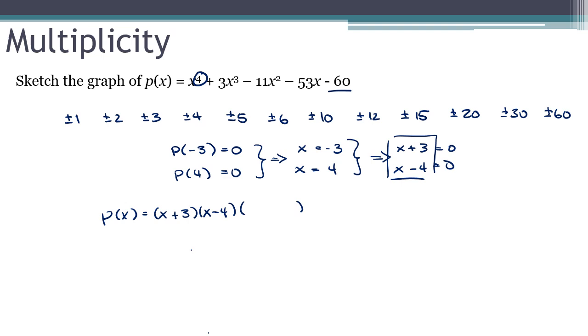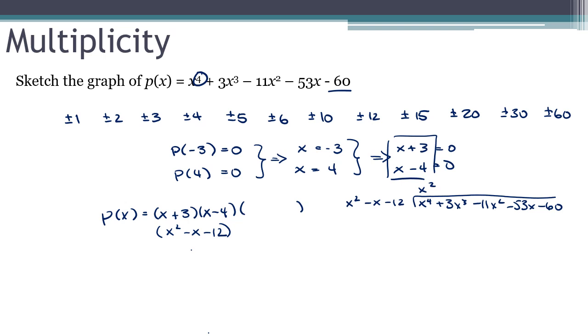So let's see, if we multiply this out, this is x squared minus x minus 12. Double check that. So I'm going to divide this x squared minus x minus 12 into the original polynomial, x to the 4th, minus 3x cubed, minus 11, minus 53, minus 60, and this should go evenly.